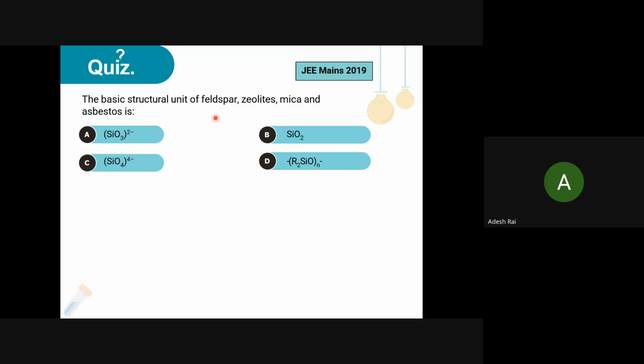At the end, all of them are silicates. What is the basic structural unit of silicate? SiO2 or SiO4 4-? SiO4 4- will be for orthosilicates, or overall the tetrahedron.